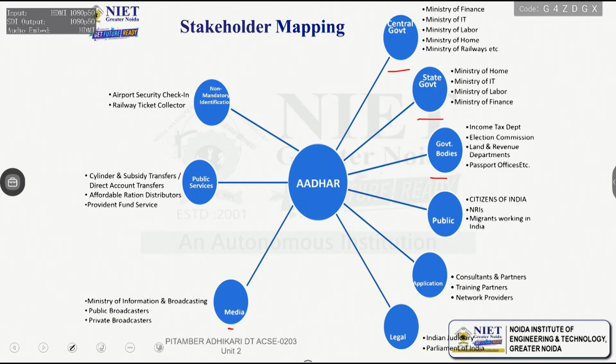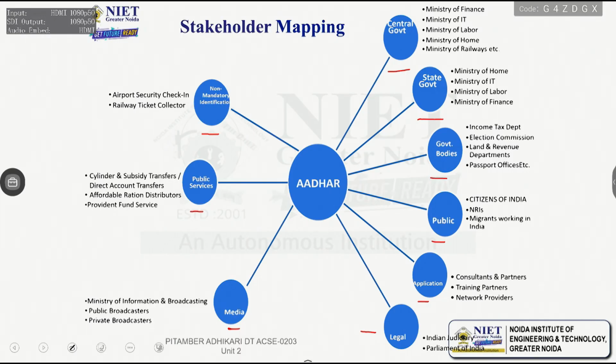Then the public is the most important stakeholder related to Aadhaar, because Aadhaar is for the citizens of India only. After this we have application, then legal, then media, public services, and last, non-mandatory identification. We will discuss all these one by one.